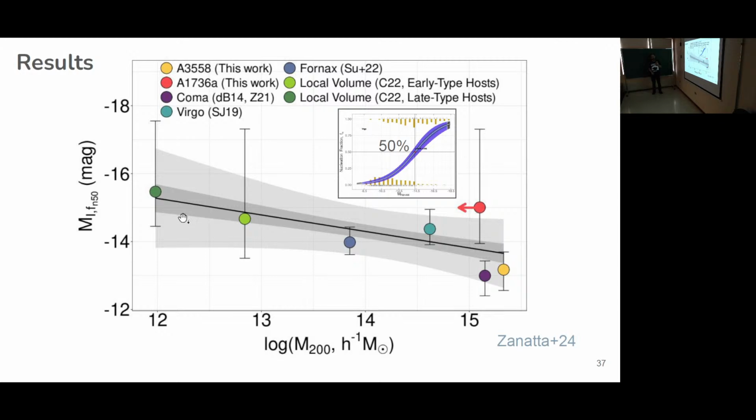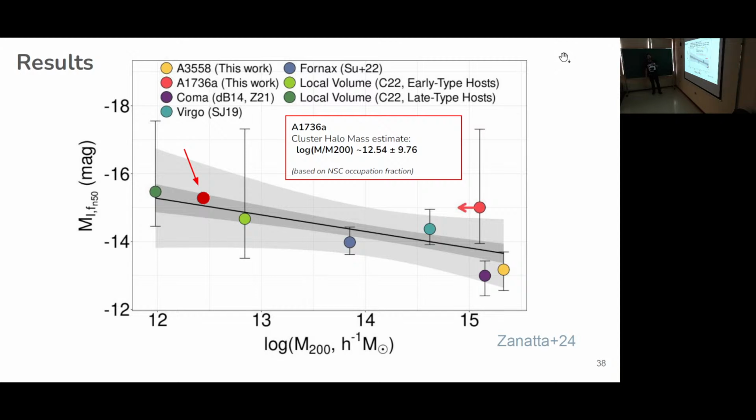However, we can use this model, built from all the other points, to estimate a raw estimation of what the halo mass of this object would be based on the NSC occupation fraction. And the result was that this environment would be located exactly within the local volume environments.